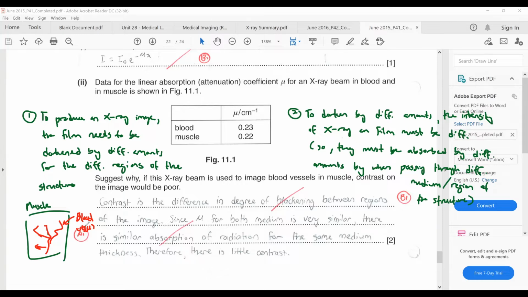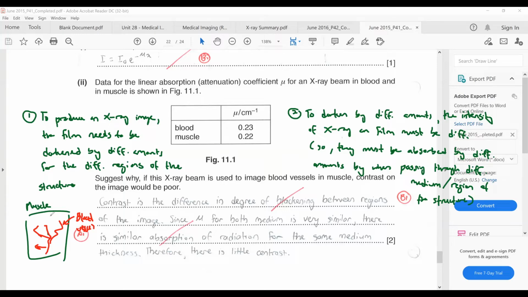So your X-ray film will also darken by different amounts. You want the region corresponding to muscle to darken differently than blood vessel. That can only be true if your intensity absorbed by the muscle and blood vessel are different.